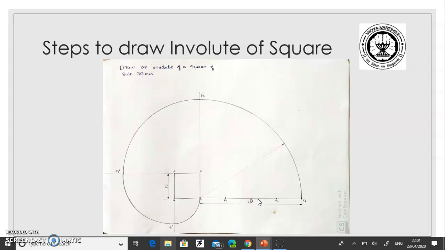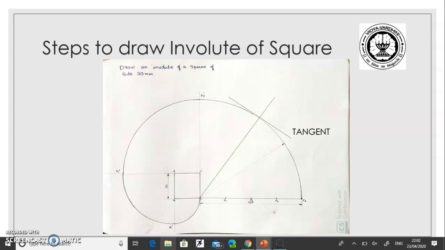So from here you have to measure 60 and identify that point. From that point you have to connect up to point B in this manner. Then this will be called a normal to the curve. Once we draw the normal, we will draw a perpendicular line starting from this point, which will be called a tangent.